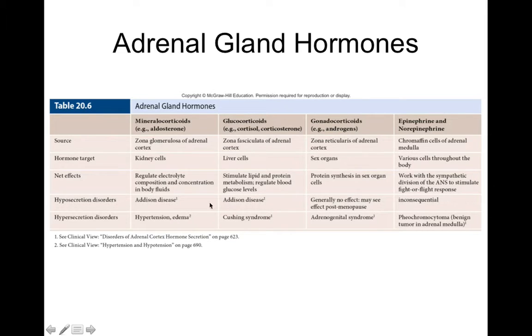Now, high levels of glucocorticoids like cortisol can cause something called Cushing's syndrome, which is kind of a metabolic disorder that affects basically the growth of certain tissues like adipose tissue. So in Cushing's syndrome, you can start to see a lot of adipose growing on the dorsal surface of the superior back here, where they get something called buffalo hump.